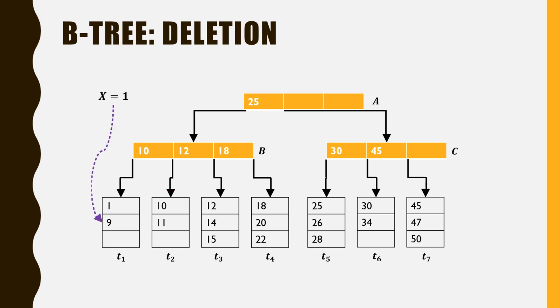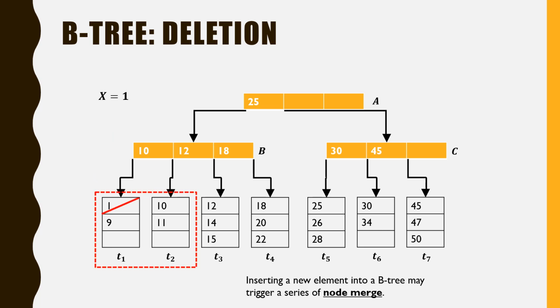In some cases, borrowing an element from a neighboring node becomes infeasible, as it will cause the neighbor's load to drop below the minimum threshold. For instance, imagine that we continue to delete the element 1 from the B-tree. After deleting 1, the first leaf T1 is left with only one element.